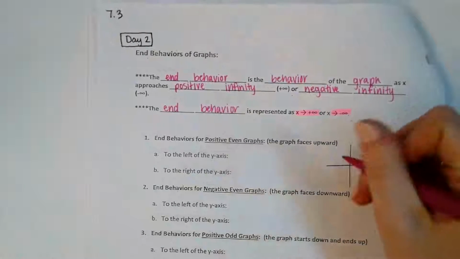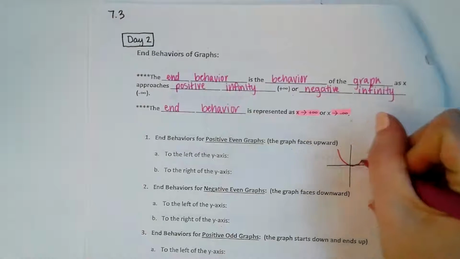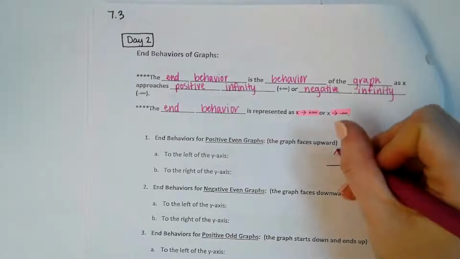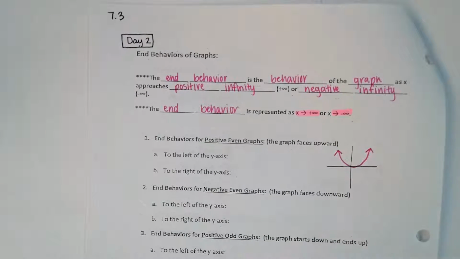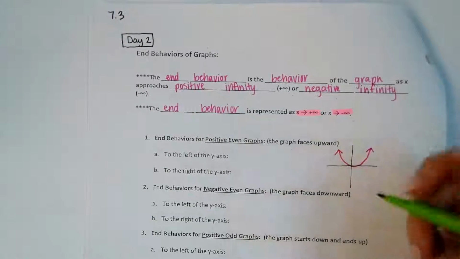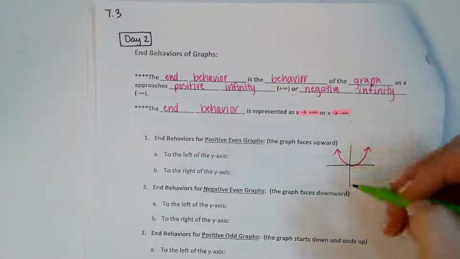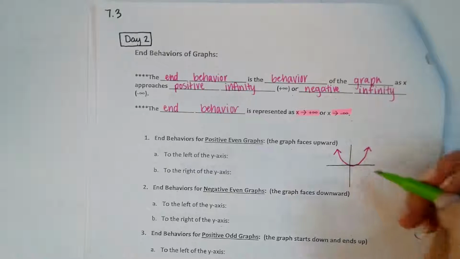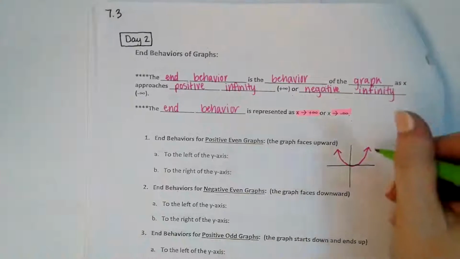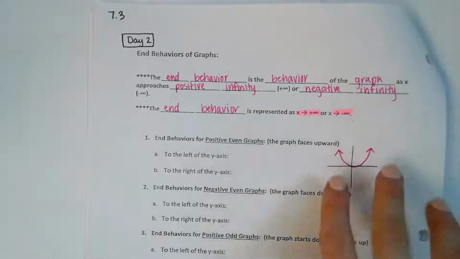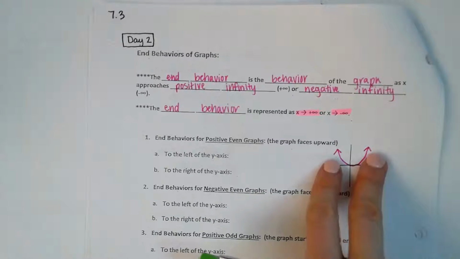So let's just redraw that graph right here. If we are looking specifically at the ends and these quadrants, we're going to talk about the x and the y values, but these values are never ending. That's why we have arrows on the ends of our graphs.